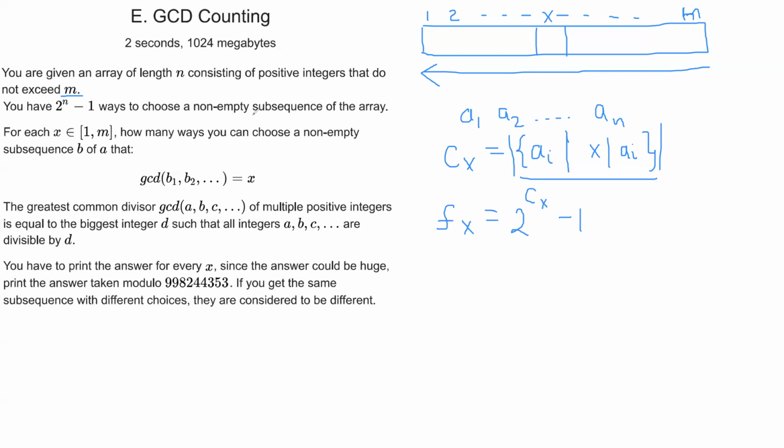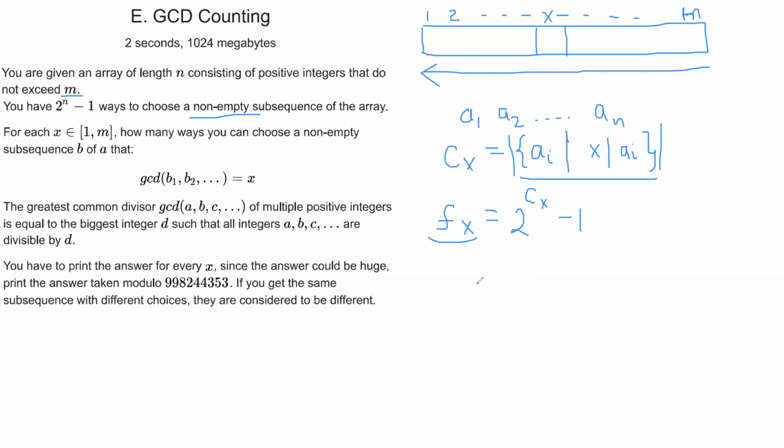All subsequences must be, as declared, not empty. That's why we subtract 1. Now, this is the number of all subsequences that have GCD divisible by x, but you don't know whether it is equal to x.